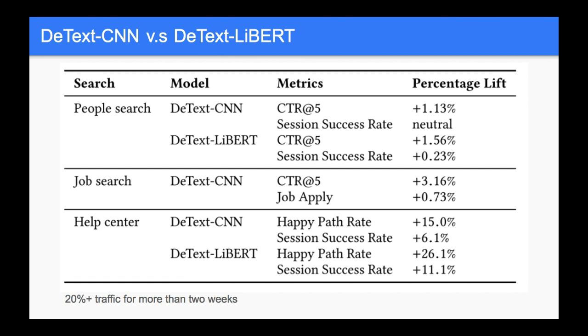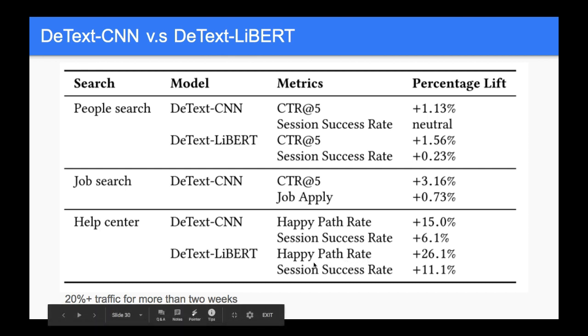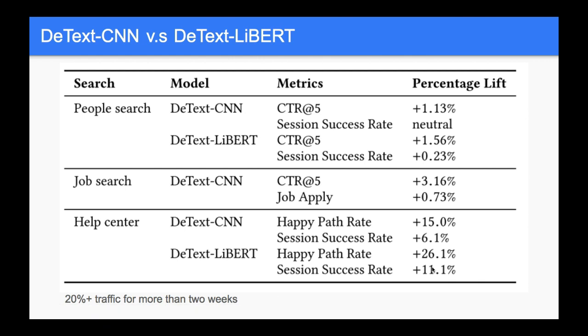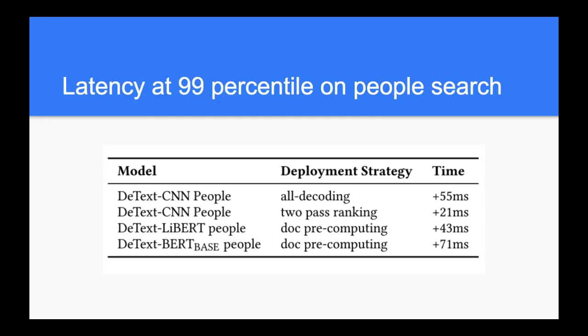And for the session success rate, also very significant, especially for the BERT, it improved over 11%. And so this is just a proof for how effective the DeText framework is. Also the BERT model, and also pre-trained on in-domain data's BERT model.